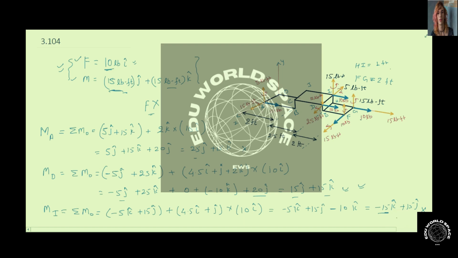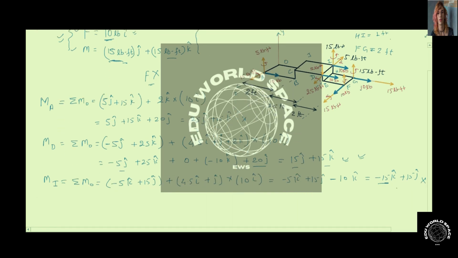Now the last force couple system is present at point G, so we can go for the moment for G, and that will be the sum of moments about O. First of all we can write the moment vectors that are acting there, and that will be plus 15 i cap and plus 15 j cap.